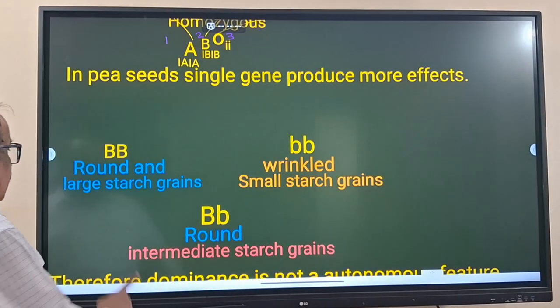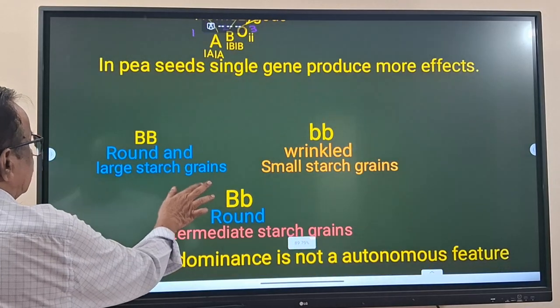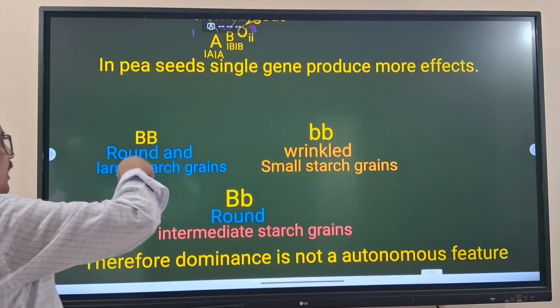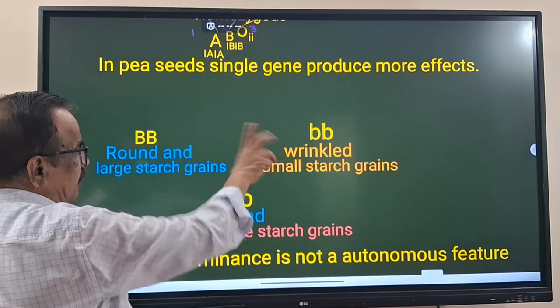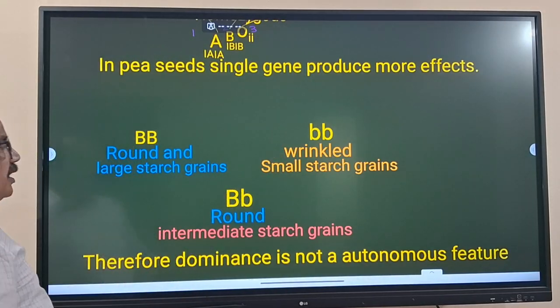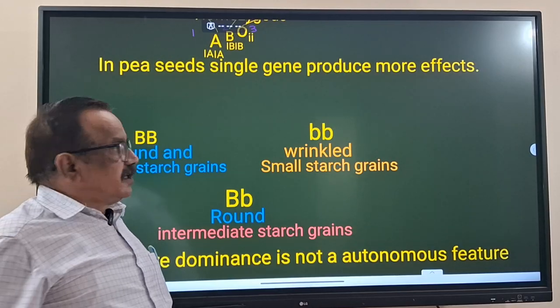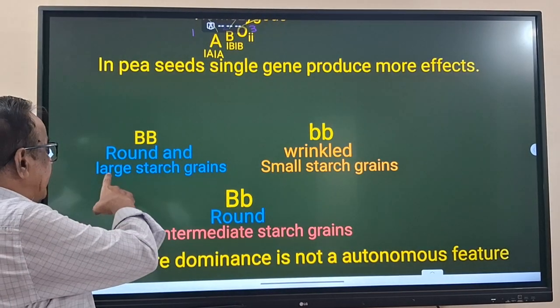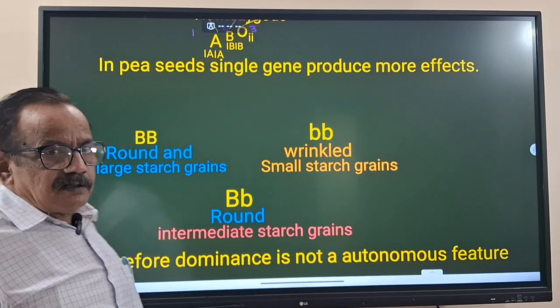Now you see, here I have given different colors. Try to understand. If this pea seed has capital BB, that is the homozygous condition. It has round and large starch grains.